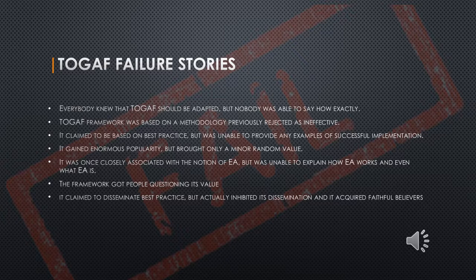This is because it was once closely associated with the notion of enterprise architecture, but it was unable to explain what enterprise architecture is and how it works. The framework then got people questioning its values, and it claimed to disseminate best practices, but actually it inhibits its dissemination and acquired faithful believers.